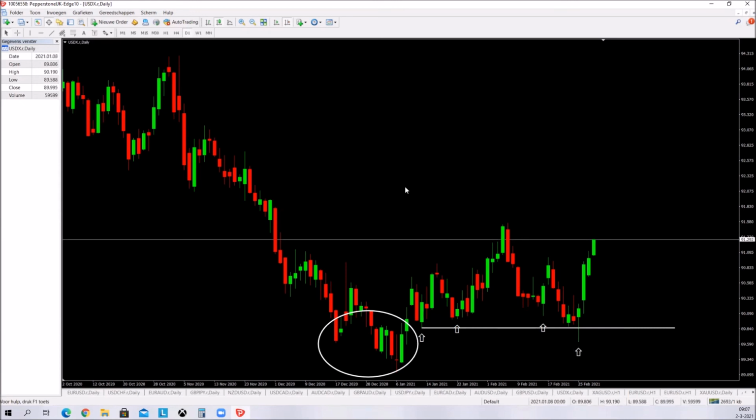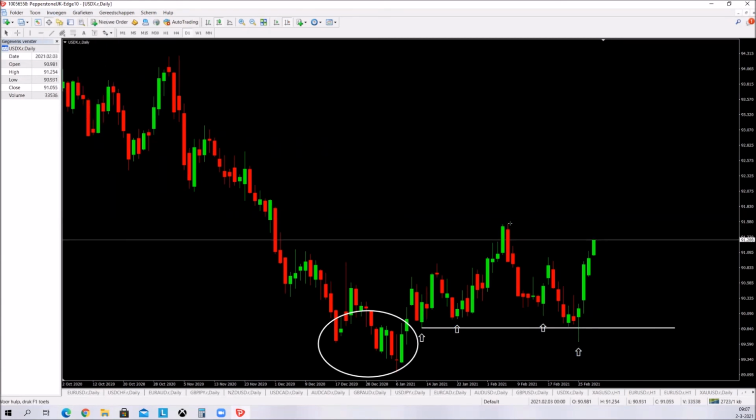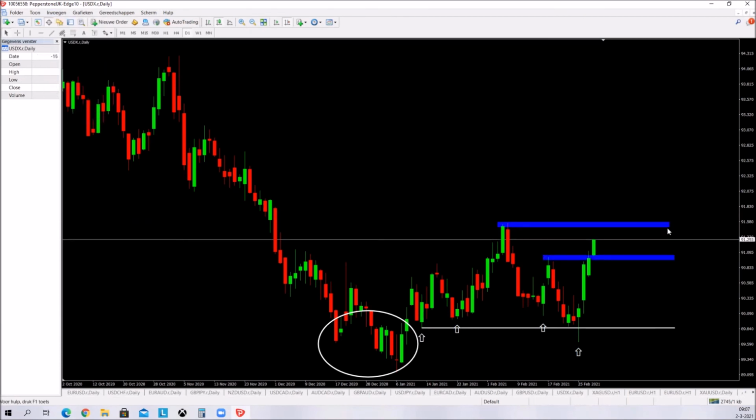And I also made a post about it in my Telegram channel that after that liquidity had been taken, I expected the dollar to move first of all to this point, and the second point will be this point, which is what's happening right now. Because often when one side of a range gets broken and rejected, the price goes to the other side of the range, because that's where the liquidity is.